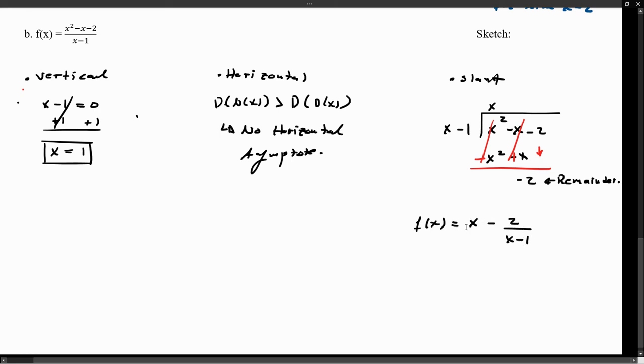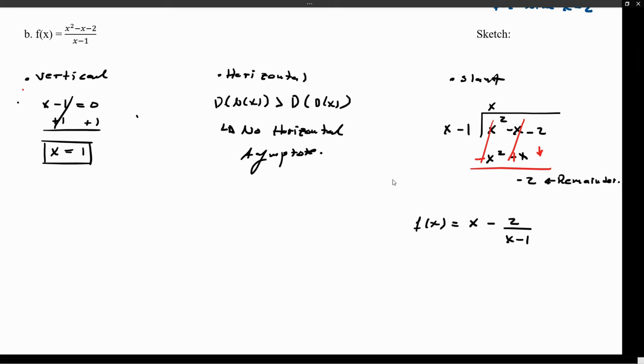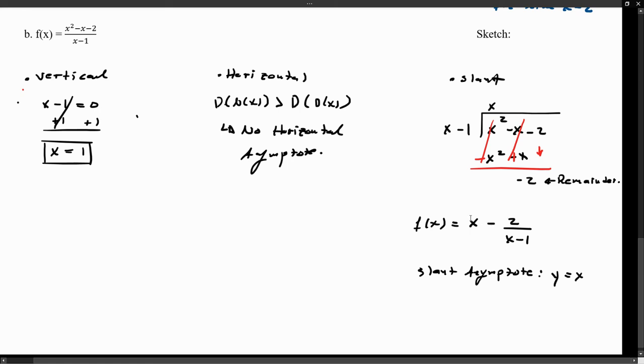So therefore, this is the line that it is going to be approaching, and this is the line that we define as our slant asymptote. So therefore, the slant asymptote is just the line y equals x, which is exactly what we got here.